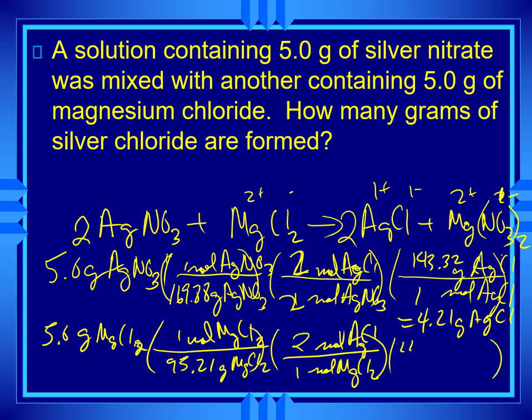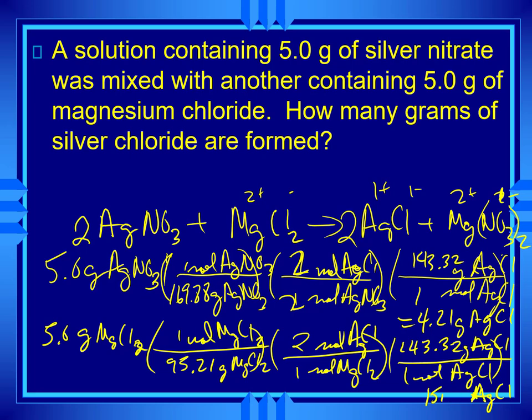And the last one's going to be the same, 143.32 grams of silver chloride for each mole of silver chloride. And I get 15.1. Yeah, 2 sig figs, so 15.